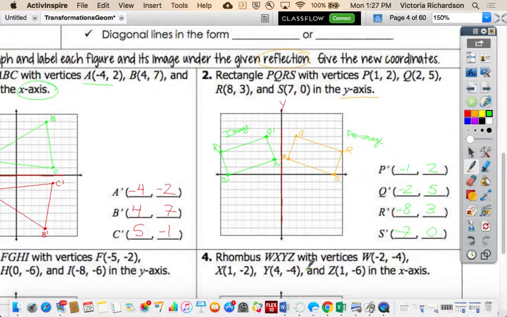Now, if you look at your original points and your new points, what is the difference? All the X's are negative. All the X's have changed their signs. And if we go back and look at the one before that on number 1, what changed signs? The Y. All Y's changed signs.